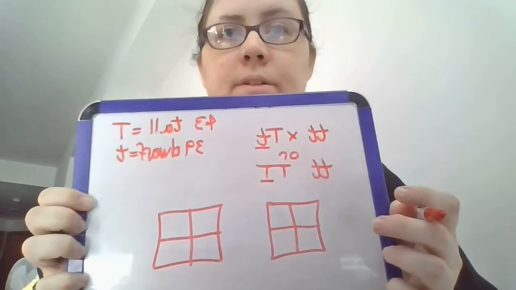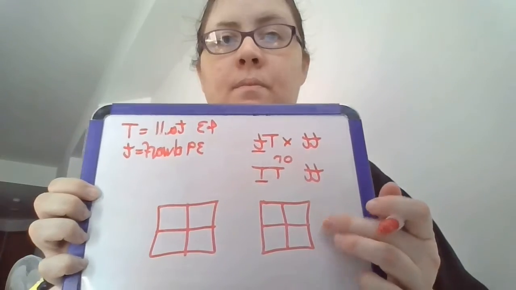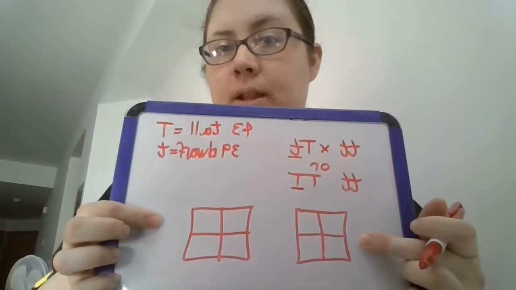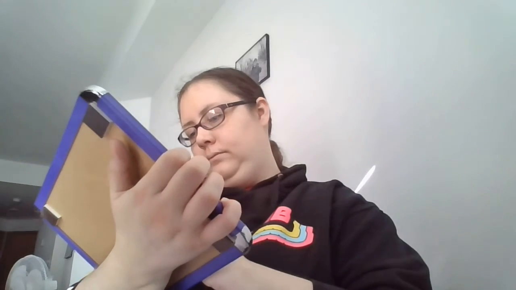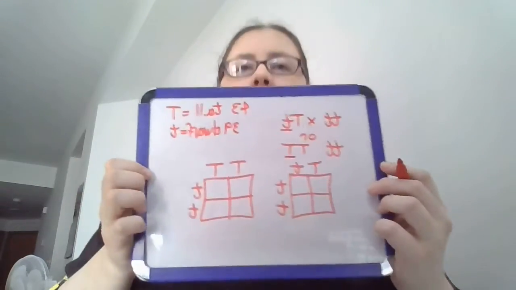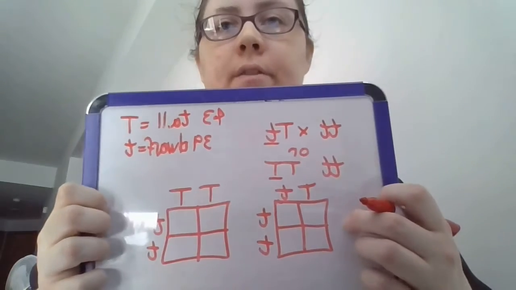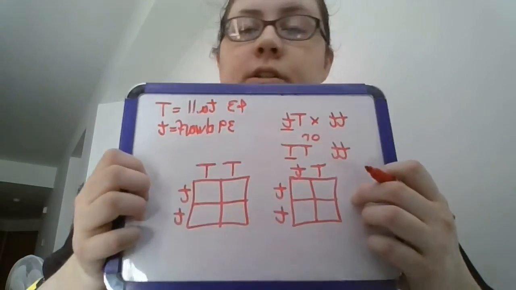So we draw our Punnett squares, and we set it up, one possibility over here, the other possibility over here. So we've got one pairing over here, one pairing over here, and then we just fill in the Punnett squares.